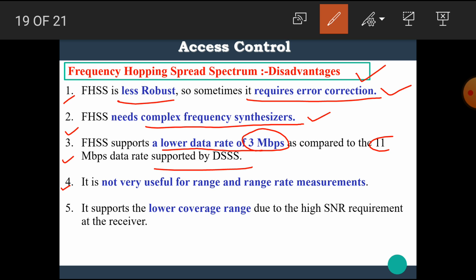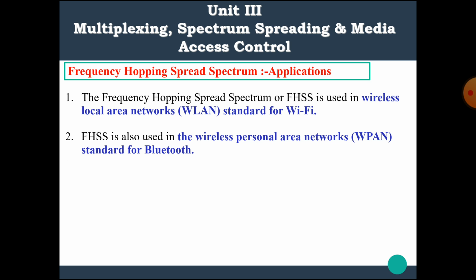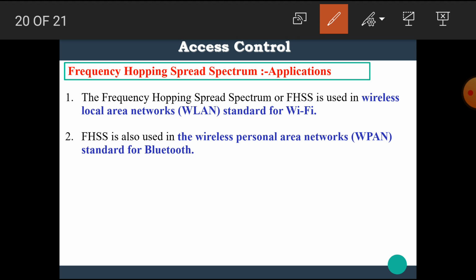The fourth disadvantage is that it is not very useful for range and range rate measurements, and the last disadvantage is that it supports a lower coverage range due to the higher signal to noise ratio requirement at the receiver. These are the disadvantages of the frequency hopping system.